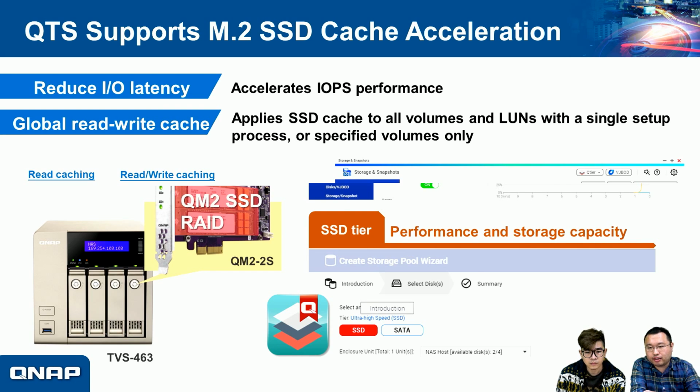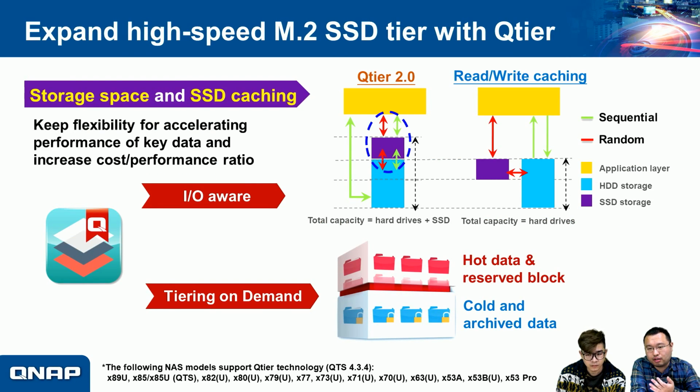For the Qtier explanation here, Qtier is basically an all-around, all-purpose acceleration technology, so its advantage is much greater than a traditional SSD cache. Our Qtier right now is at 2.0. We made it so smart that it can automatically detect your data access pattern, and then, like Sam mentioned earlier, move the frequently accessed data into the hot zone, which is your high-speed SSD tier. In this case, it will be the M.2 SSD tier on the QM2 cards.